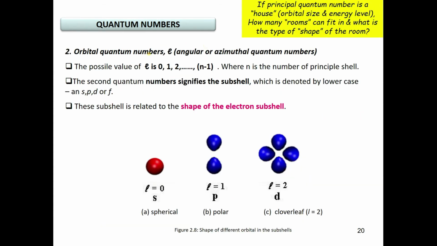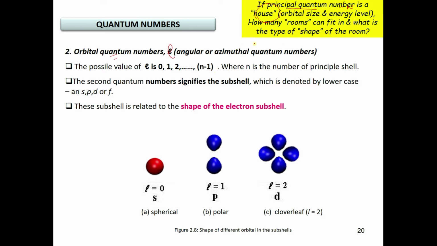Second is the orbital quantum number, or the secondary quantum number, L. If we refer to the principal quantum number N as the house, N tells you how big the orbital of the atom is and how many levels of energy the atom has.